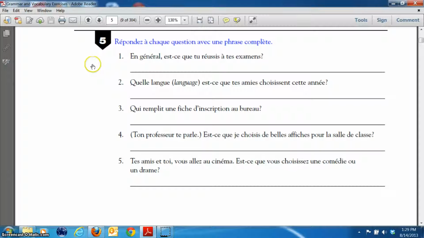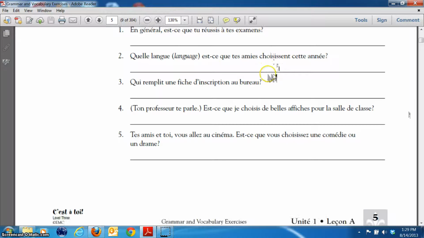So you're going to answer with, and it looks like the friends here have an E, so it's feminine. So you're either going to answer with elles, or you can say mes amies, and then you use the same verb as before. Mes amies choisissent, and then write whatever language it is. Okay? So you need to finish those.